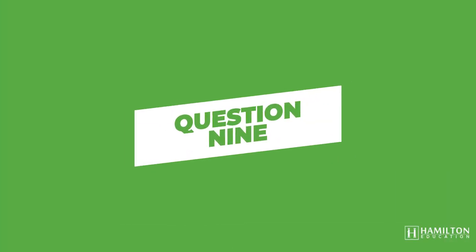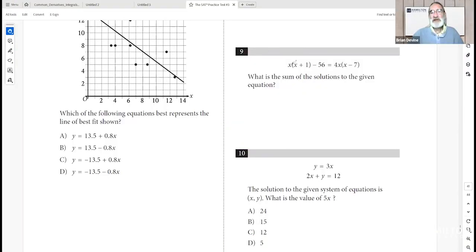Section 2, question 9. We're given an equation, and we want to know what is the sum of the solutions to the given equation. Well, let's clean this up a little bit. I'm going to have x squared plus x minus 56, and that's going to equal 4x squared minus 28x.